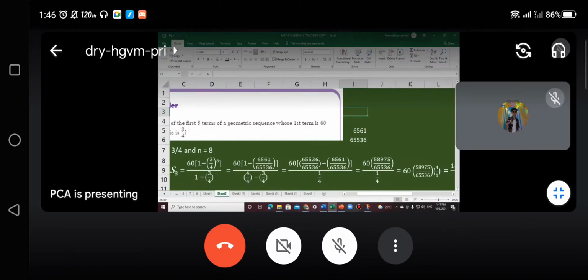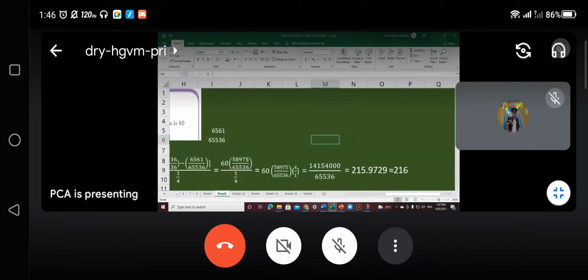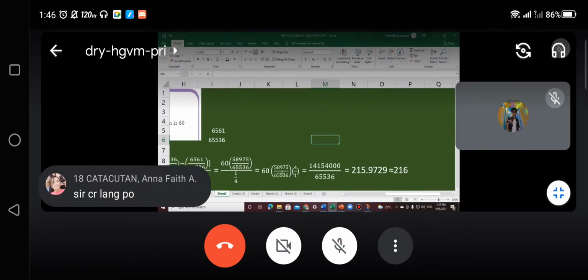Ganun siya. 6, 5, 6, 1, 6, 5. Gawin mo itong kapareho ng denominator dito. Pero syempre, pareho numerator and denominator, minus mo yan. Ito hindi mo naman minus yan. Numerator lang. In this case, it's 1 over 4, the reciprocal of it, getting rid of this as the denominator.